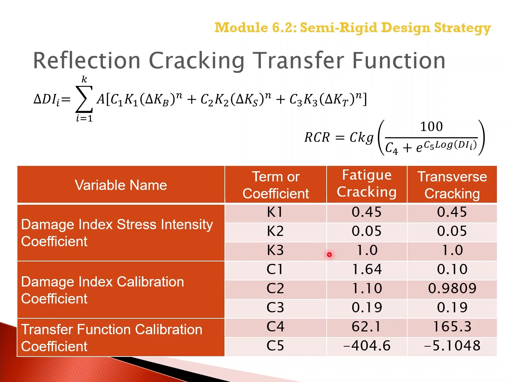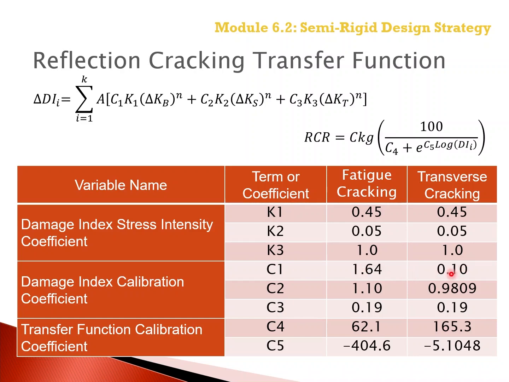They're basically the same, the K values. The C values are the damage index calibration coefficients, C1, C2, C3. C1 is the bending mode, C2 is the shear mode, C3 is the transverse mode. These coefficients, C1 to C3, are different for fatigue and transverse cracking.